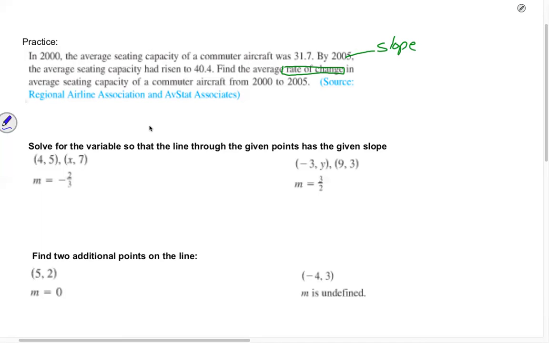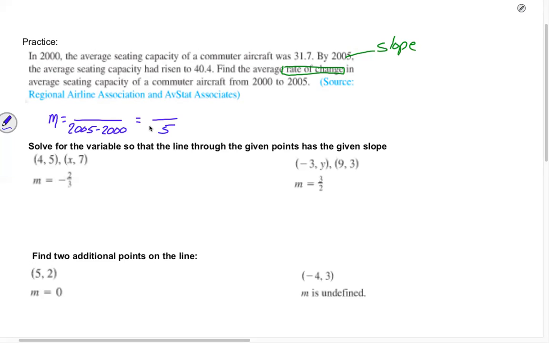So here we go. Typically on top, that's your y. Time is always your x value. On bottom, time is 2005 minus 2000. So we know the time change is 5 years.